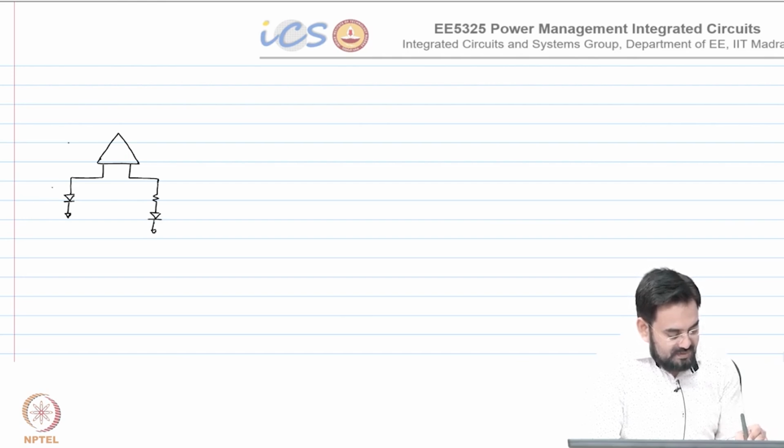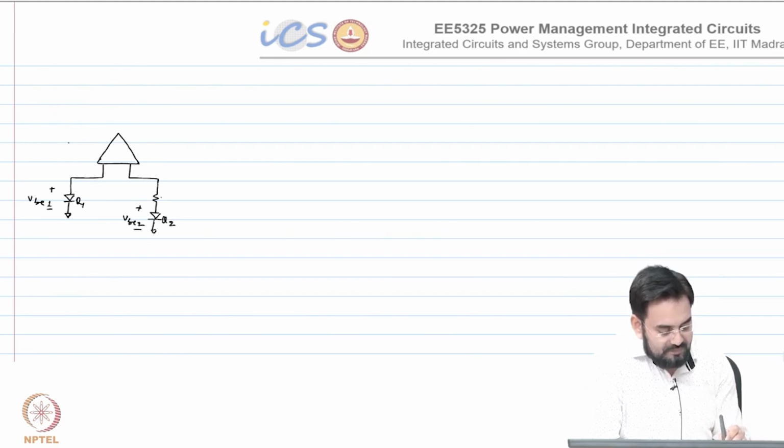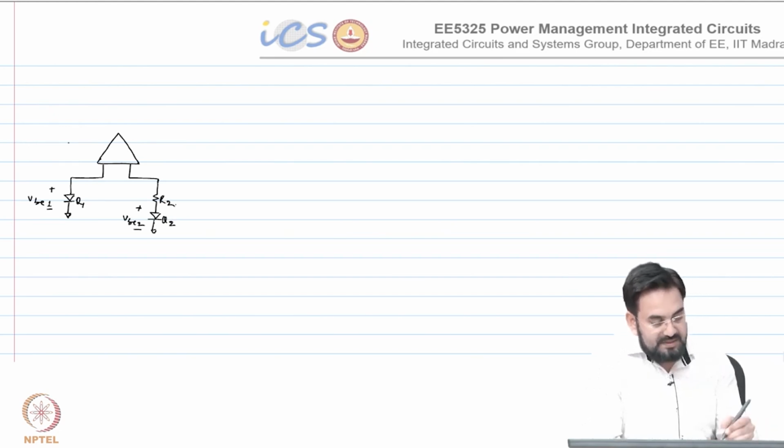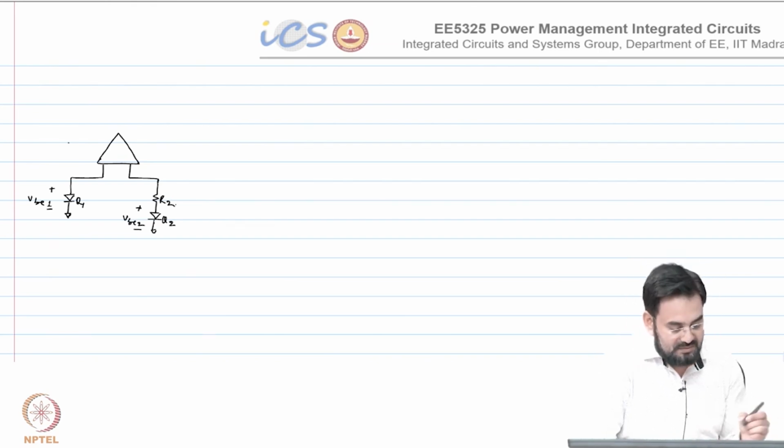So, if this is VB1, I will call it Q1, Q2. I want to make these two currents same.